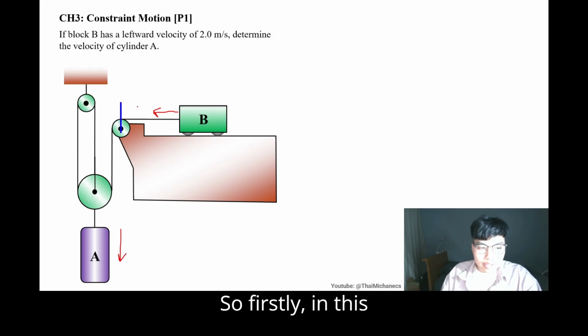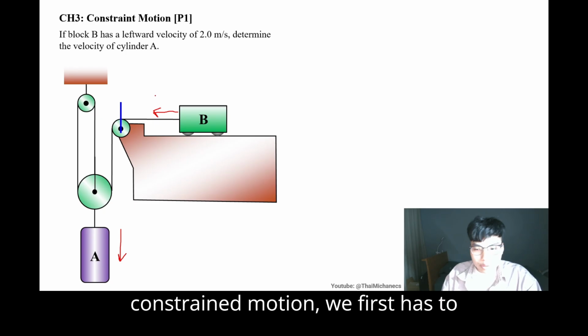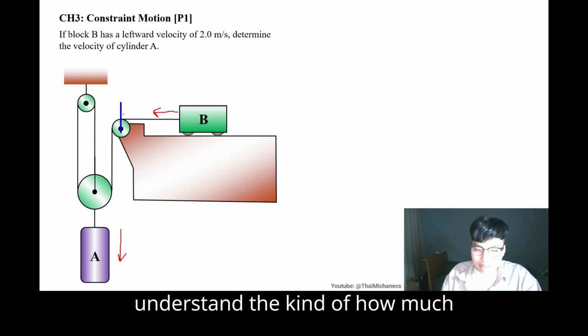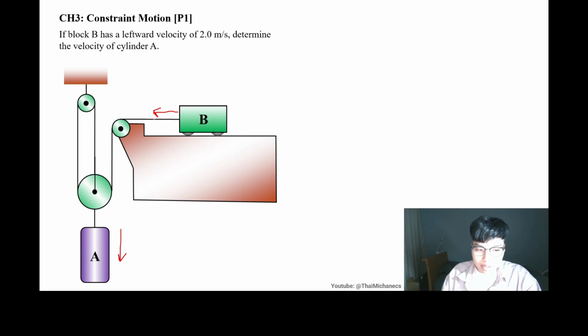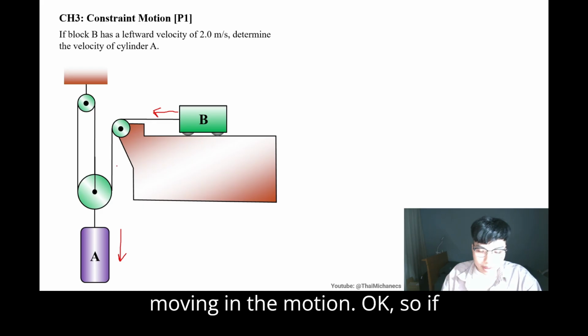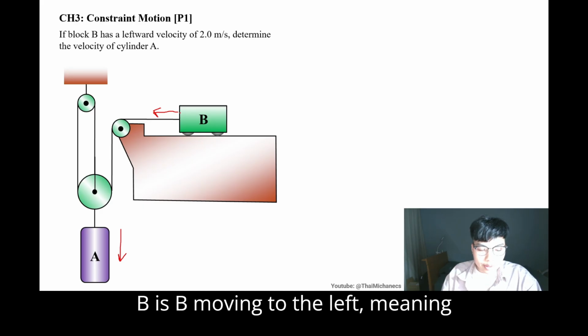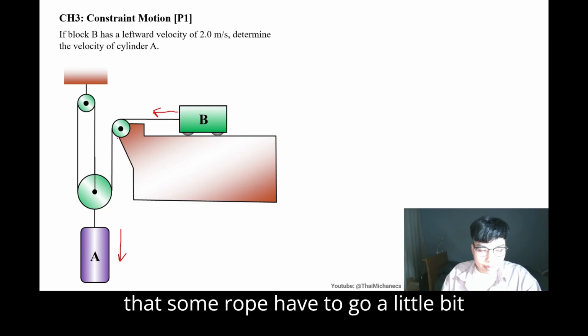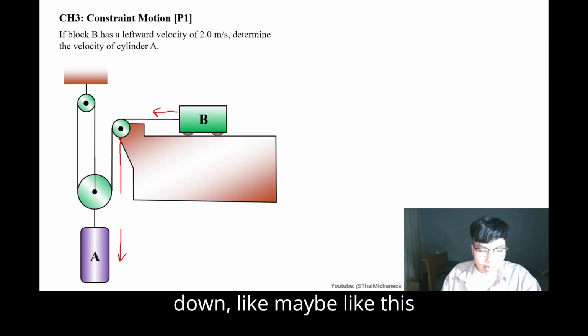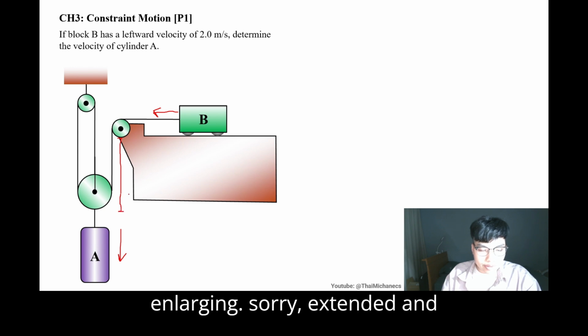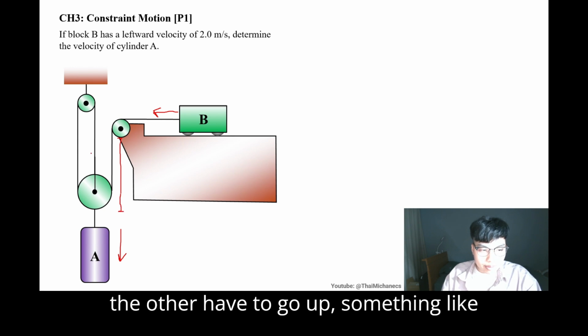In this constrained motion, we first have to understand how much rope is moving in the motion. If B is moving to the left, some rope has to go a little bit down, extending, and the other has to go up.